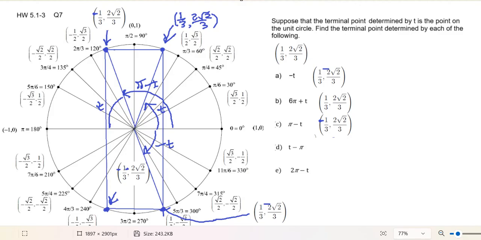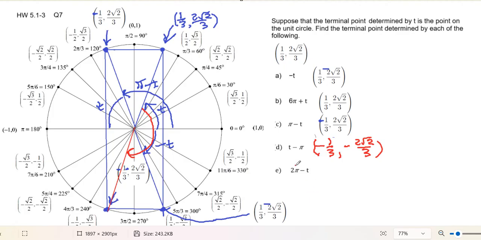So we're going to turn back around here and go 180 degrees halfway around the circle in the opposite direction. So that's going to land us on this point right here, where both coordinates were negative. So this one will be negative 1/3, negative 2 root 2 over 3.